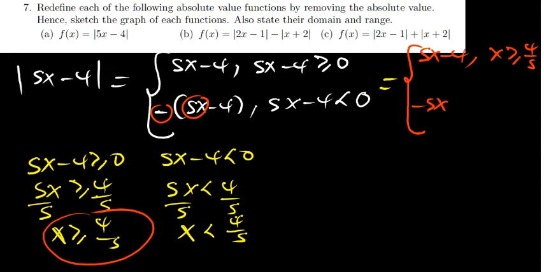Negative times positive 4, I'm going to get positive 4. Then comma, the condition now is that x has to be less than 4 over 5. Now I have redefined this function. This is what you can see here. I've defined my function.